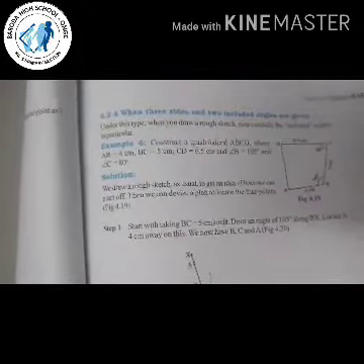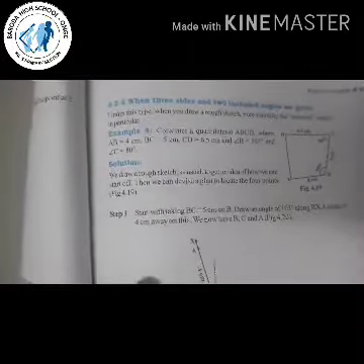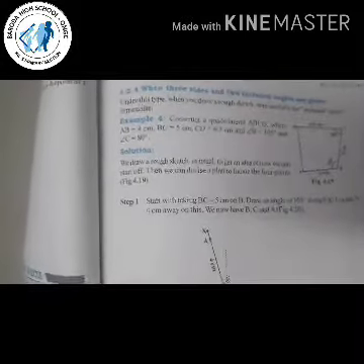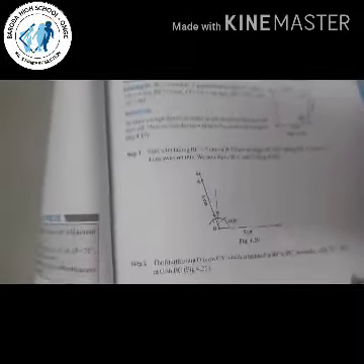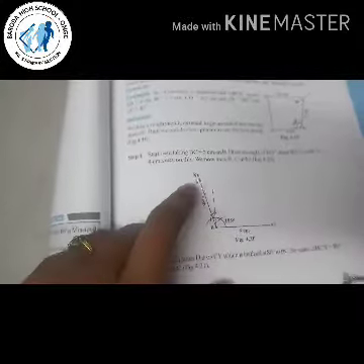Let us consider example number 4 where quadrilateral ABCD is to be made. So sides AB, BC and CD are given and the included angles, angle B and angle C. That means the angles given will be the ones between these sides. Make a rough sketch, make segment BC, draw angle B, cut BA as 4 centimeter. So we got A, B and C. Now make angle C as 80 degrees.